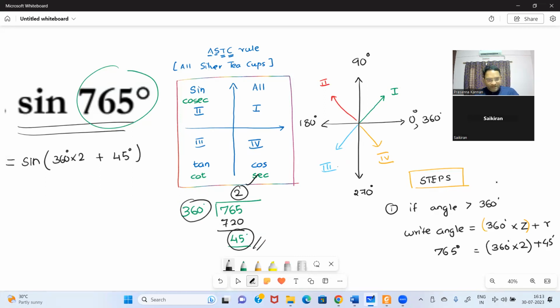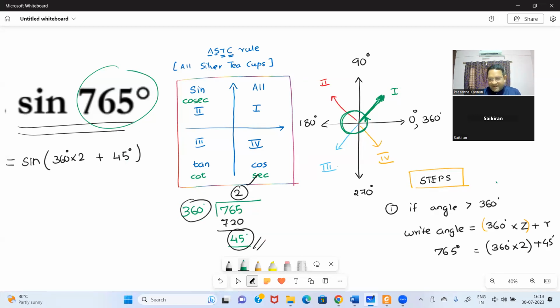Now tell me, suppose a line is here. If I rotate this line by 360 degrees, one full circle will be complete. I will come back again to the same point, correct or not? If I rotate once more by 360 degrees, where will I come? To the same point.